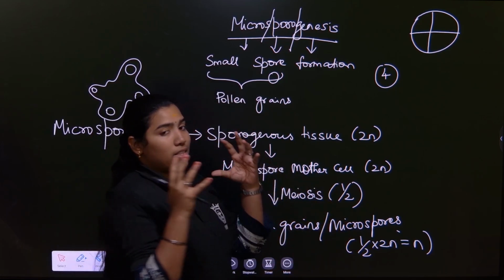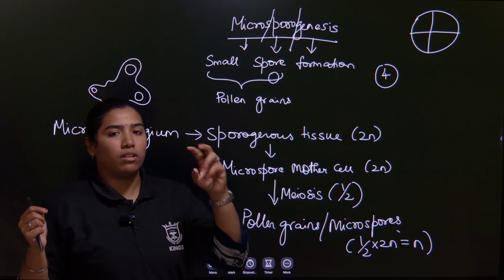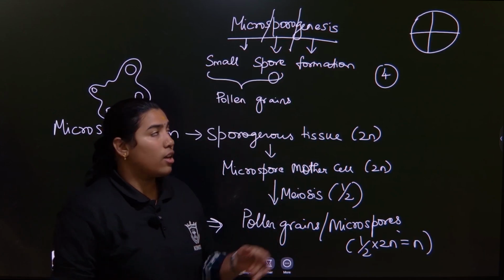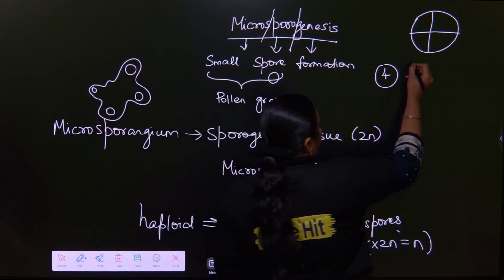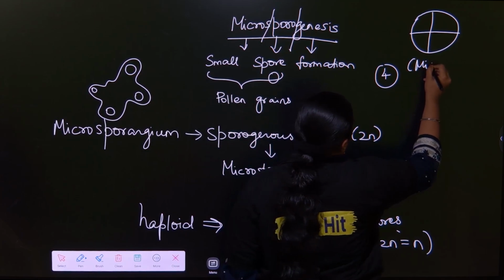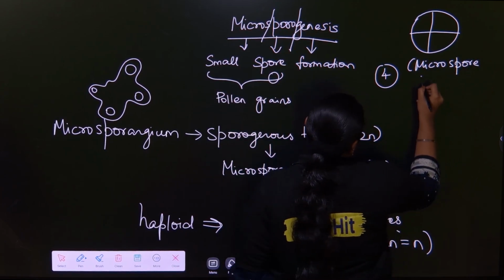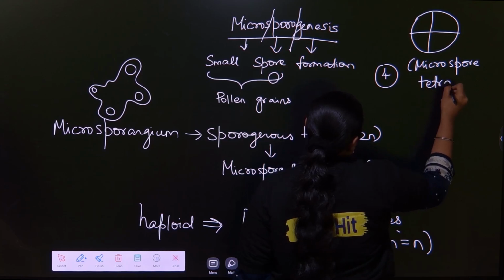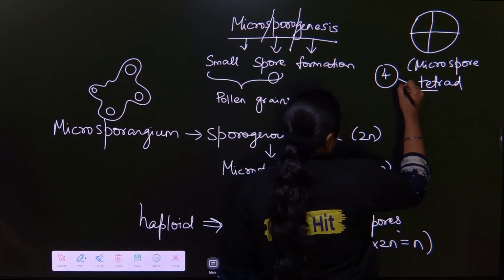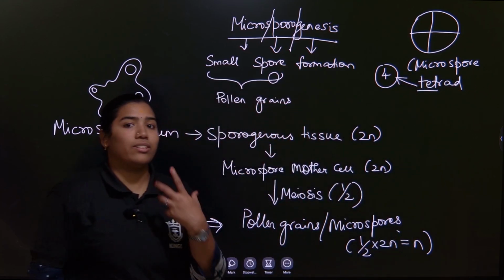They will be sticking together, like 4 friends together. That structure is known as a microspore tetrad. Okay, tetra means 4. So microspore tetrad.